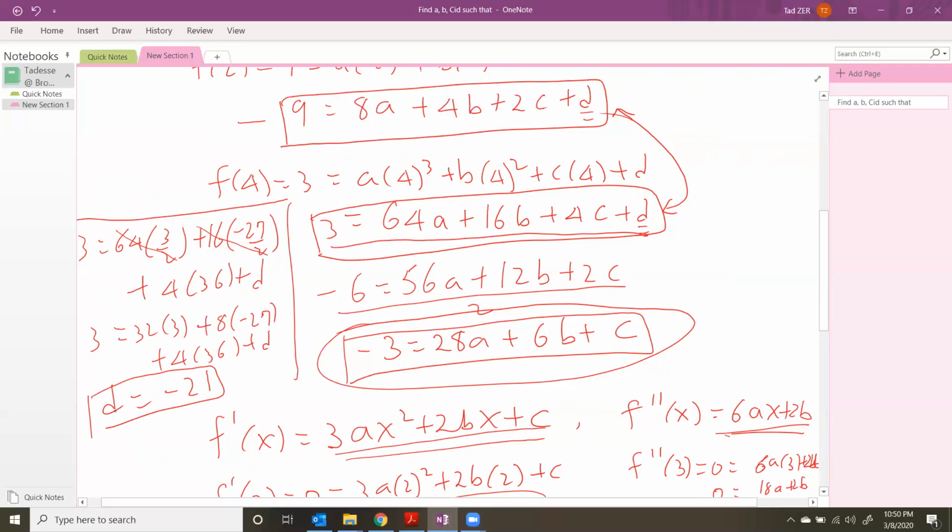So the value of d is what? Negative 21. That's all. So we now know the values of a, b, c, and d.